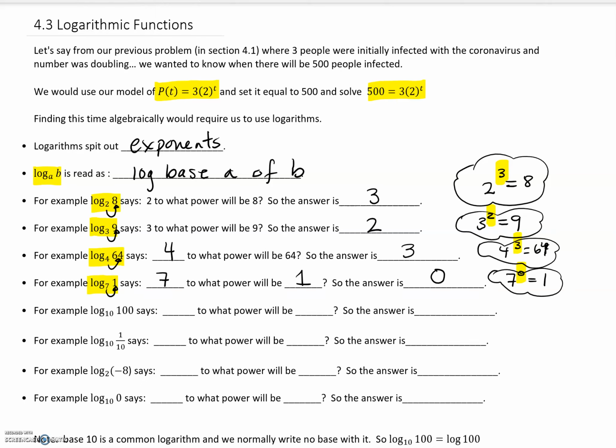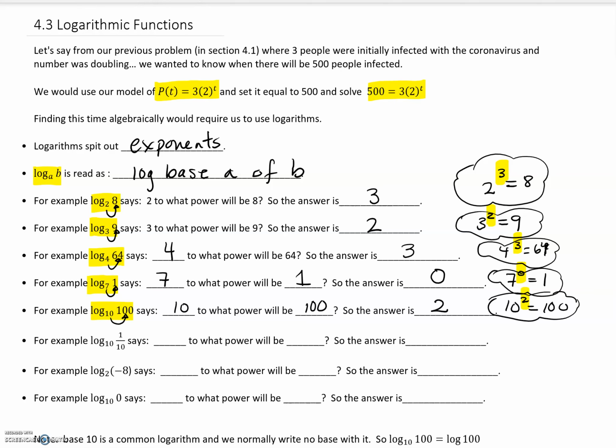Next one says log base 10 of 100, which is equivalent to 10 to what power will be 100? The answer would have to be 2, since 10 squared is equal to 100. That's what you're thinking in your head, and the exponent that popped out is 2.